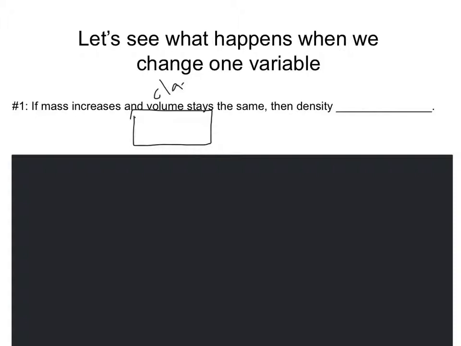So I'm going to label volume as classroom. Mass is going to be like the number of students. And then density, I like to think about how packed the students are in the classroom. So the more packed or crammed they are in there equals higher density.